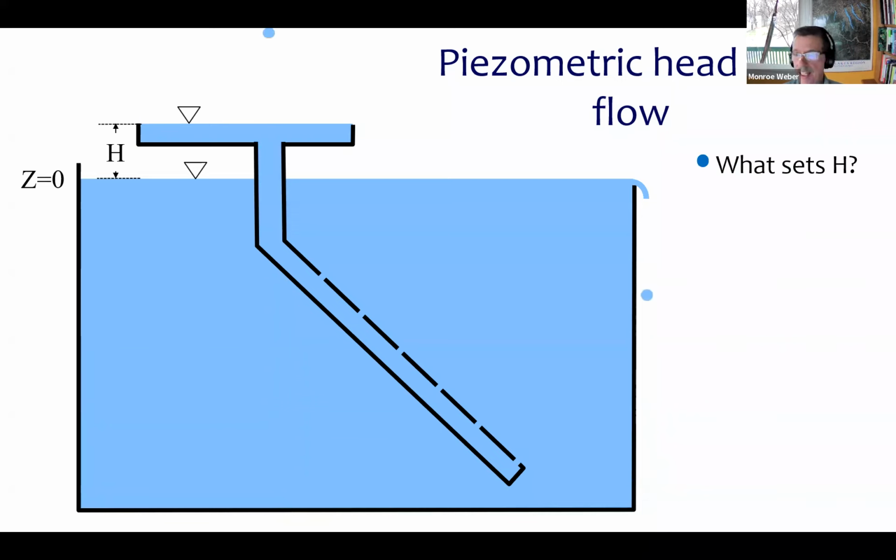So what sets h? Can you think about that? What is determining h in this? Like, what determines how deep the water is in the upper tank? Can you tell what would happen if I increase the rate of droplets going into this tank? Right now, I just have a droplet a second going in.